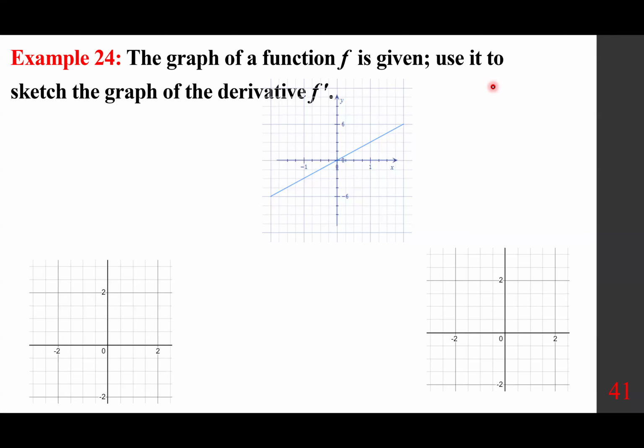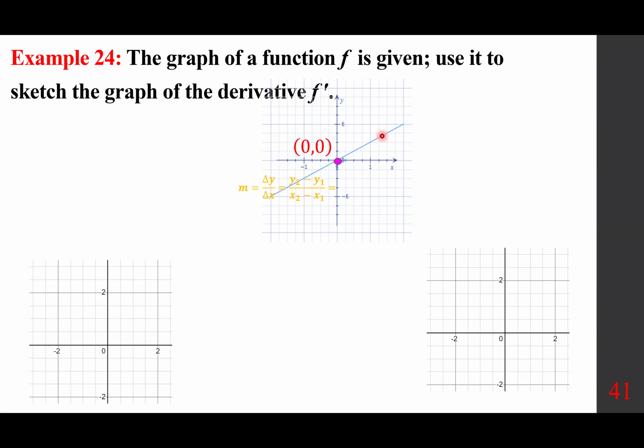All right, the graph is given. Use it to sketch the graph of the derivative. When you deal with a line, any line, all you have to do is calculate the slope, and the value of the slope, for example, if the slope is 5, y equals 5. The horizontal line is the answer. If the slope is -5, y equals -5. In this case, we can calculate the slope by picking 2 points.